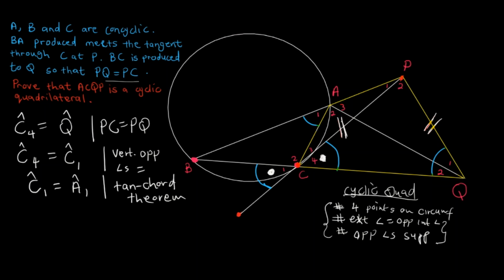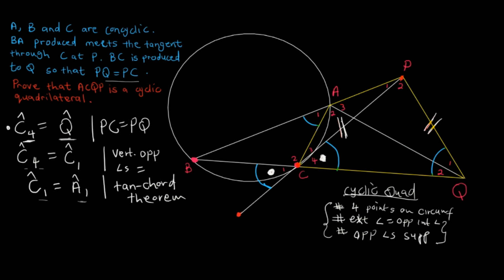So now that we've proven that actually C1 is equal to A1, remember that we come all the way from C4. We said C4 is equal to Q, and then we said C4 is equal to C1, and then C1 is equal to A1. So therefore it tells you that because we started at C4, right, and we came to Q, right?